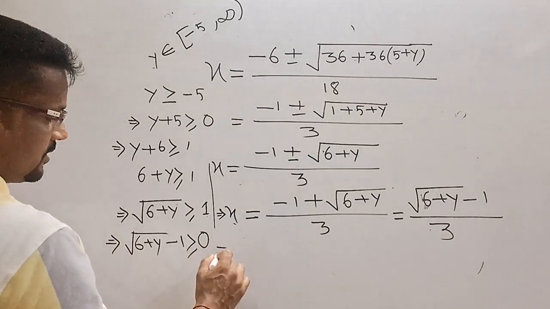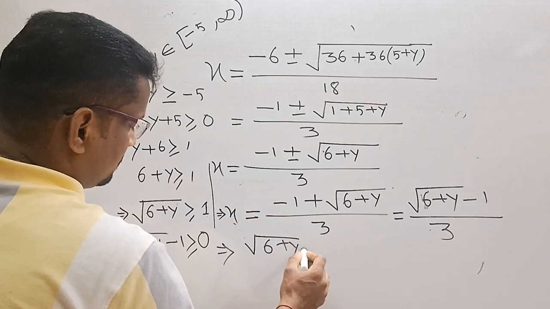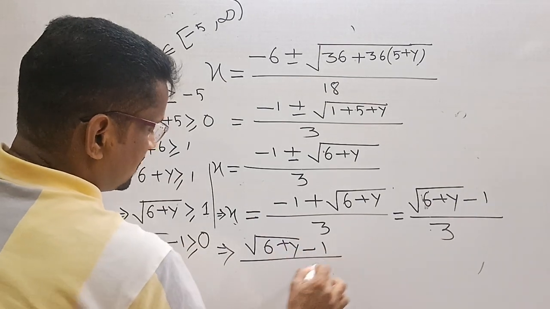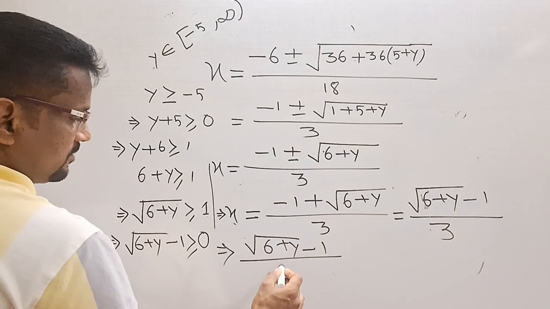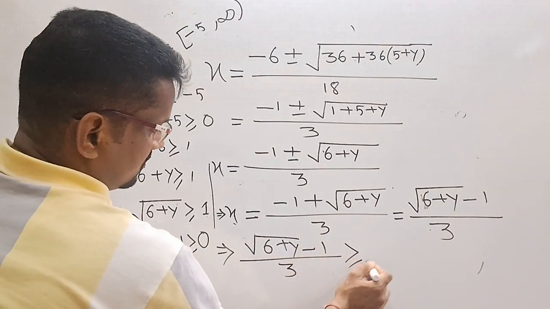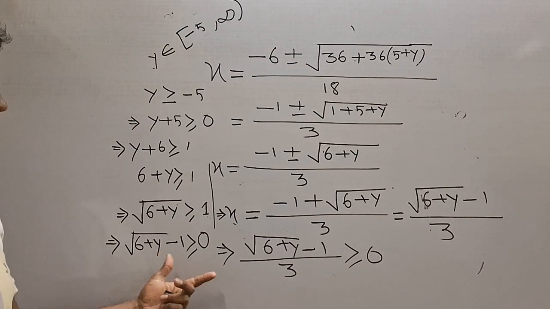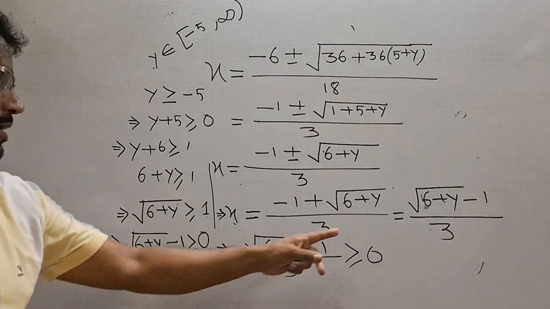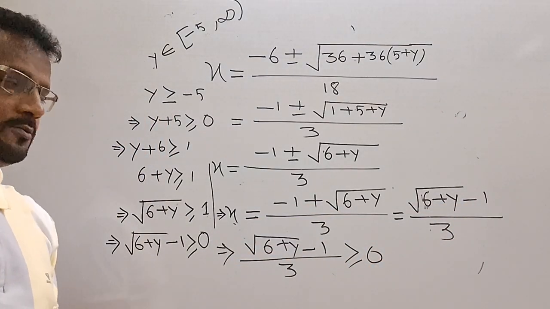Then from here you can say, the square root of 6 plus y minus 1, divide both sides by 3. 3 is a positive number, so there will be no effect. This is greater than or equal to 0. So you justified that the square root of 6 plus y minus 1, divided by 3, is greater than or equal to 0.